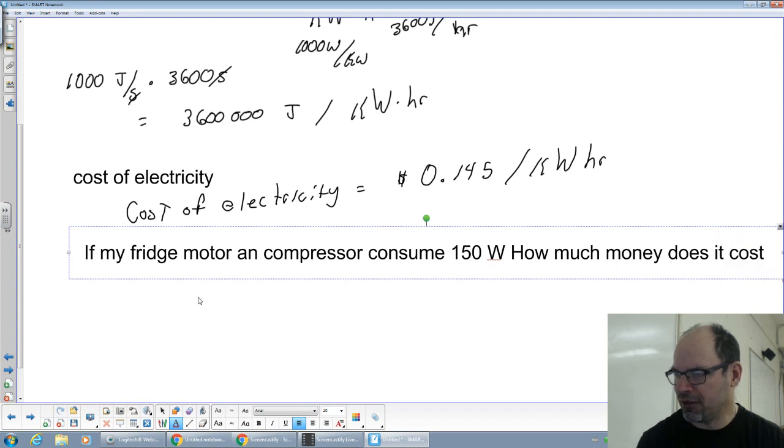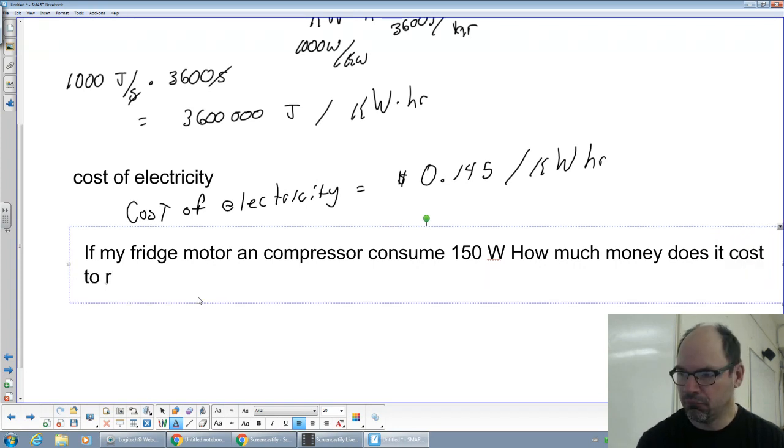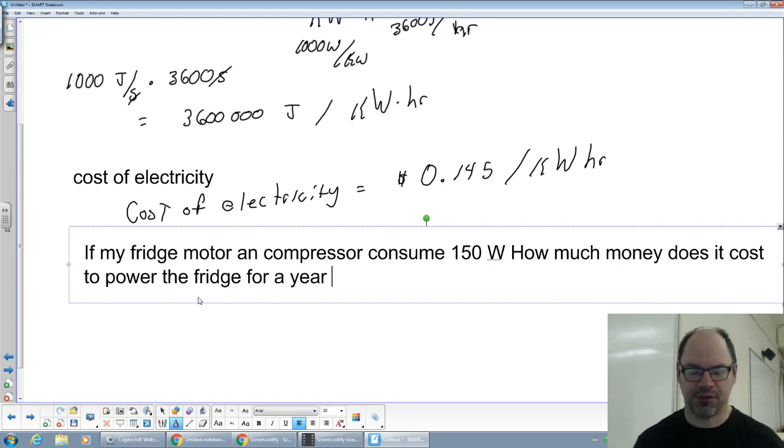So how much money does it cost to power the fridge for a year? What you want to do is figure out how many kilowatt hours you're going to consume in a year.